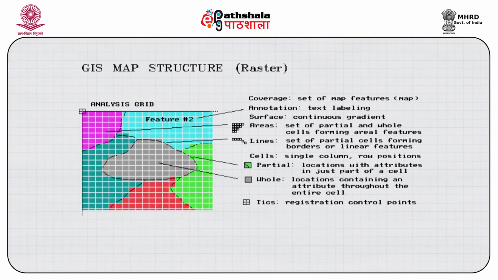Adjacent to that cell, there could be another cell. I will show you in figures 1, 2 and 3, which will give you a very clear understanding of what raster data is. Raster data is arranged systematically in column I and row J.